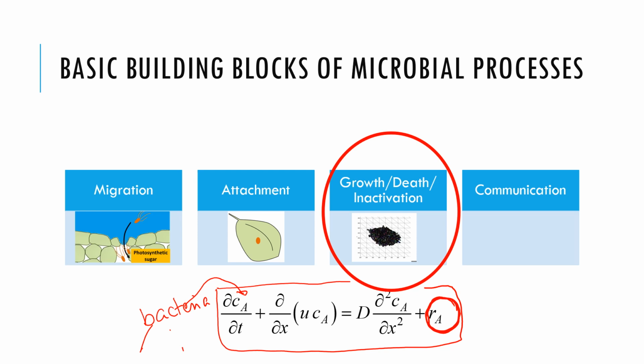Depending on the type of growth or inactivation, this term will vary. So I just want to show two examples of what this term could look like in a mechanistic framework for bacterial transport.